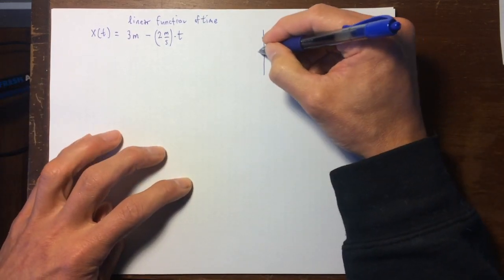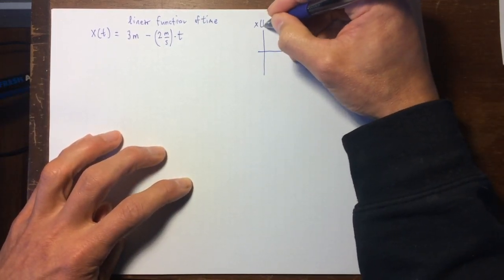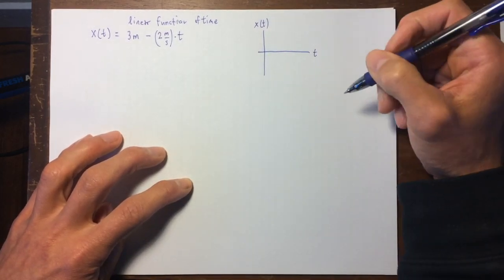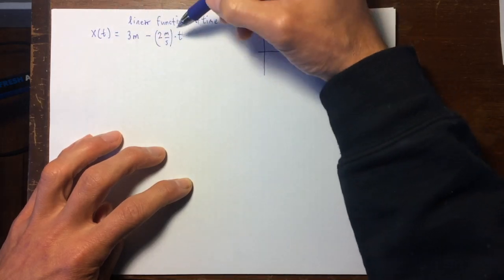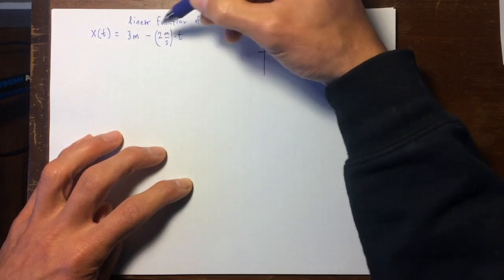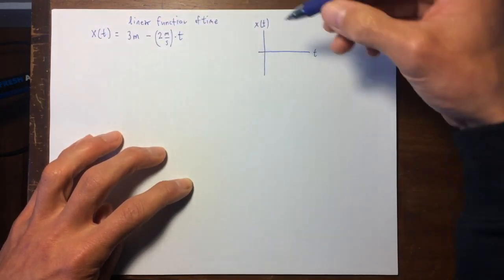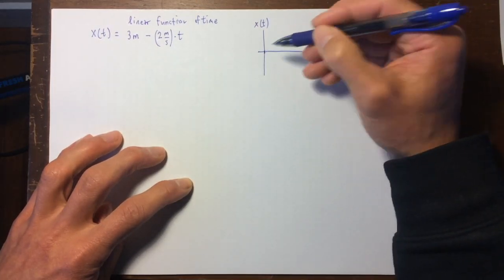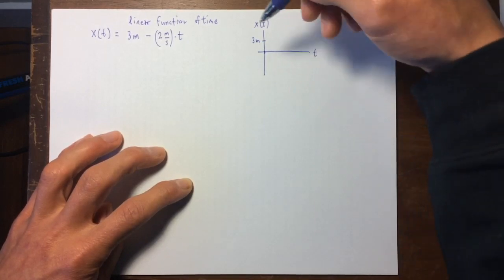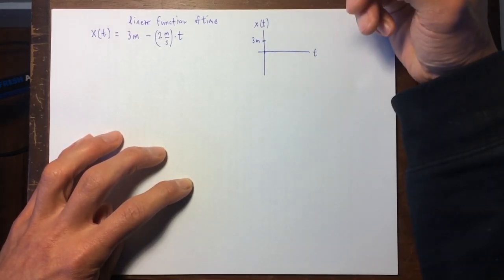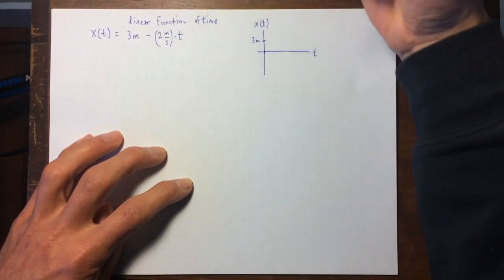If you were to draw x of t in time, t, at t equals 0, if you put 0 here, x of 0 is just 3 meters. So if this is t equals 0, it starts off at 3 meters. That's the y-intercept. And then I've got a slope of -2.